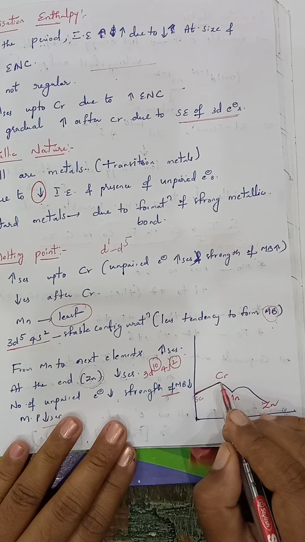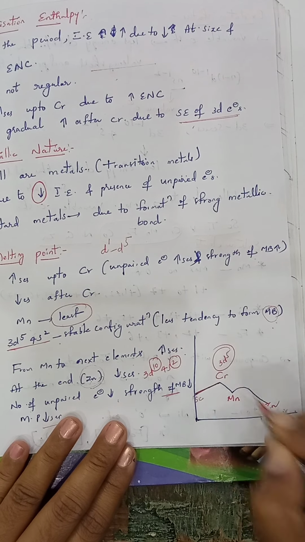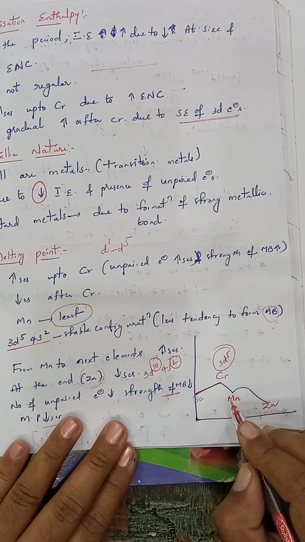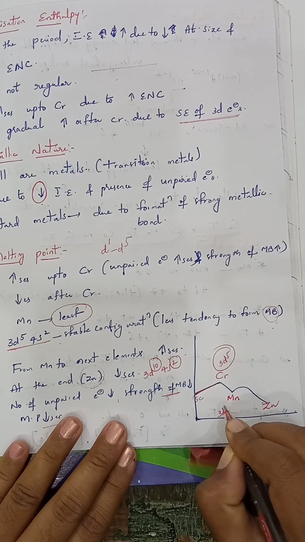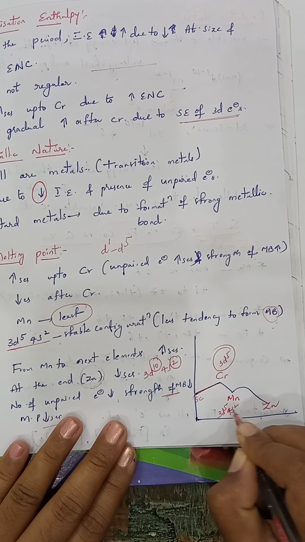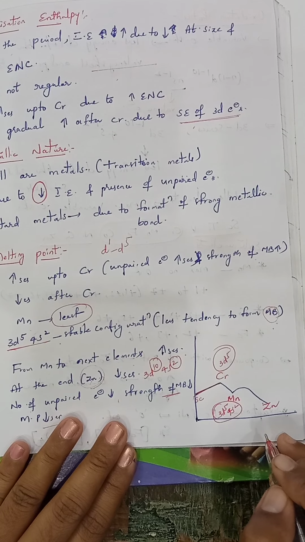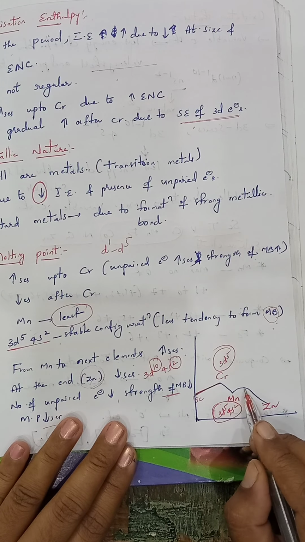Why does it have the highest melting point? Due to containing the maximum number of unpaired electrons. Again, from chromium to manganese, it decreases. Why is this showing the least melting point? Because of this stable configuration. And from manganese it again increases.